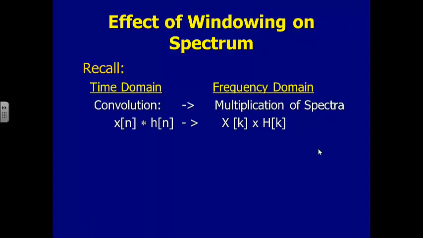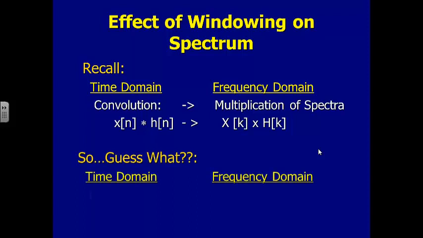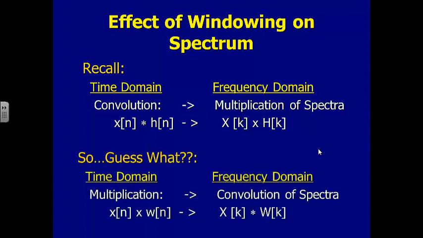The effect of using a window is that we're multiplying our signal by some window function in the time domain. We know that if we convolve two functions in the time domain, we multiply their spectra. If we multiply in the time domain, we're convolving their spectra. That's the duality of Fourier transforms.